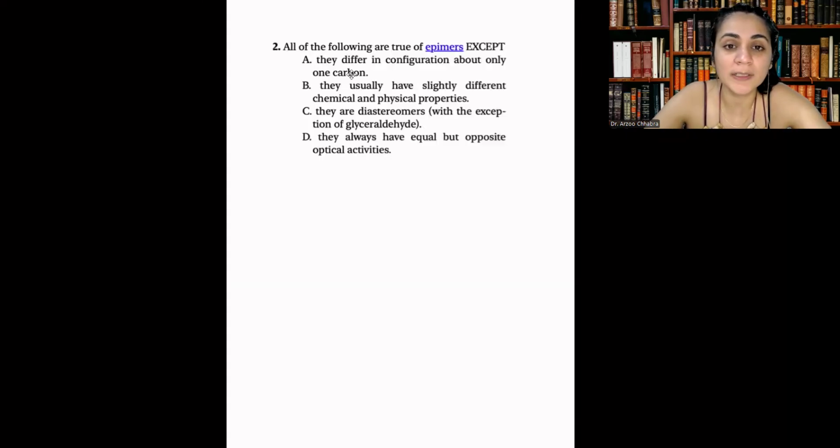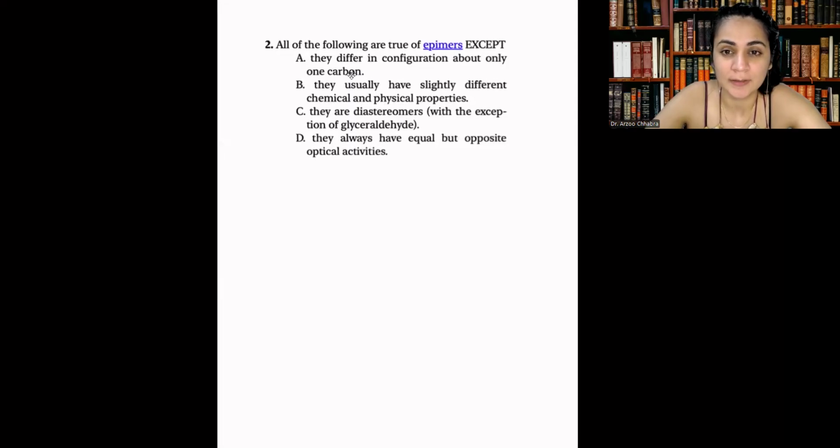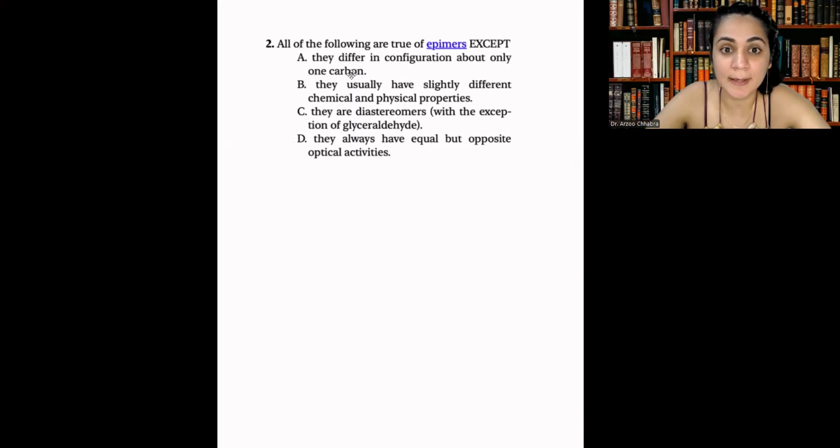Okay, all of the following are true of epimers, except they differ in configuration about only one carbon. They usually have, which is true.